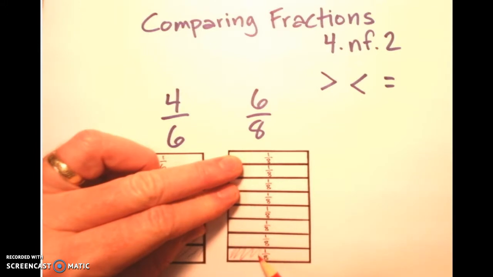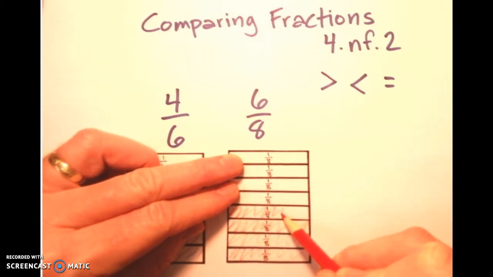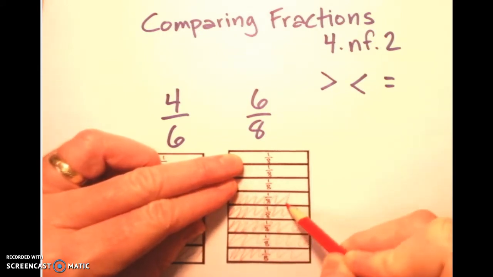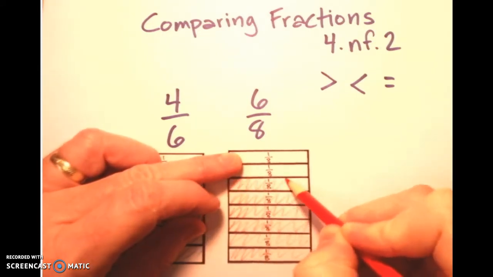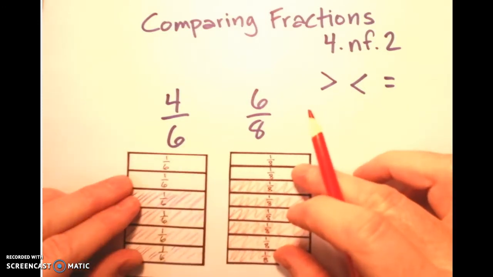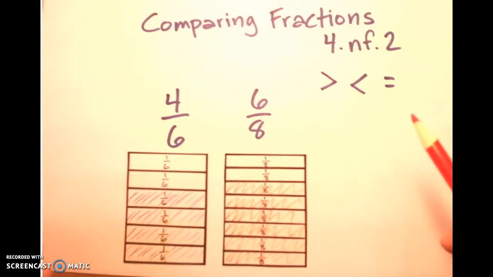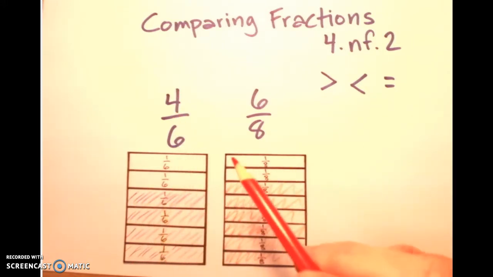So 1, 2, 3, 4, 5, and 6. If I compare these side by side, I can see that 6/8 is just slightly larger than 4/6.